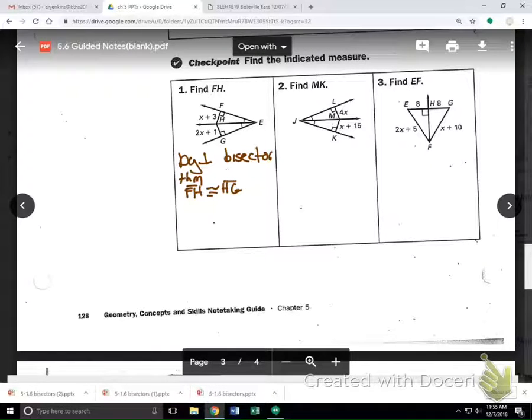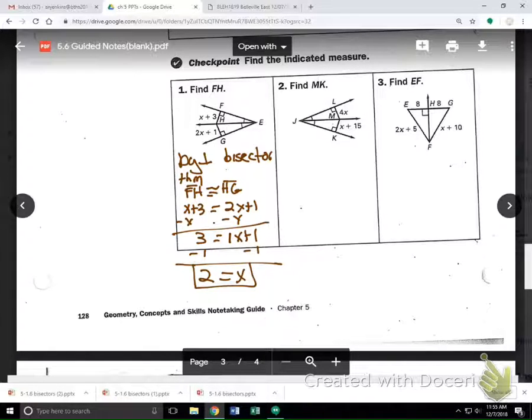So if they're congruent, you know they have the same measure. So now I can just substitute that in. So we have x plus 3 equals 2x plus 1. I want to solve for x. We're going to subtract x. So I get 3 equals 1x plus 1. Subtract 1. What do I get?